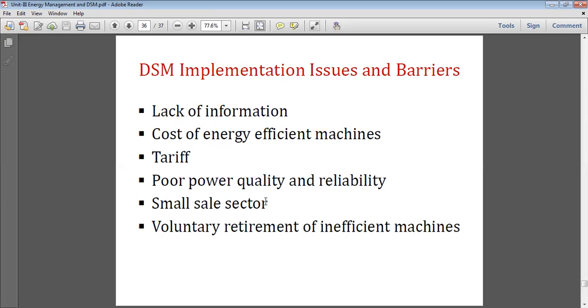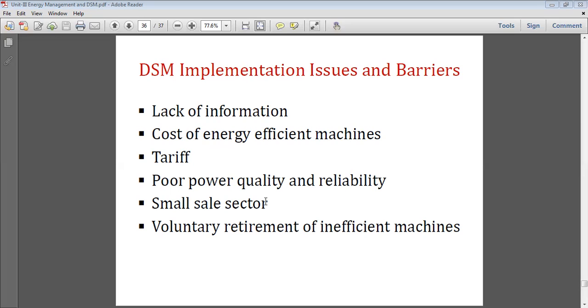Second is the cost of energy efficient machineries. Definitely, the cost of energy efficient machineries is higher as compared to ordinary machines. I will give a simple example. In our home, if we have fans, the cost of a ceiling fan is hardly 1800 or 1900 rupees, even for a branded company, whereas it consumes around 65 watts.